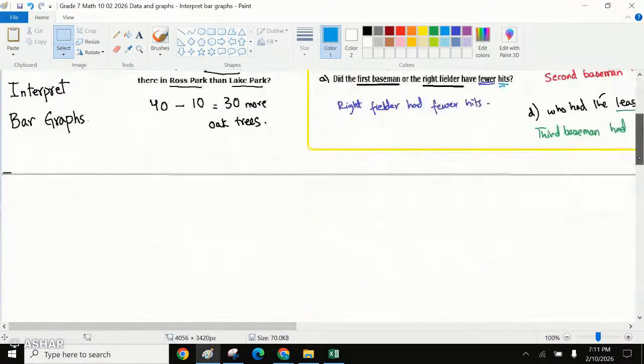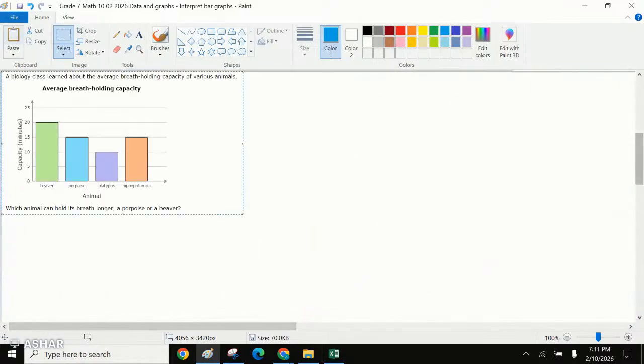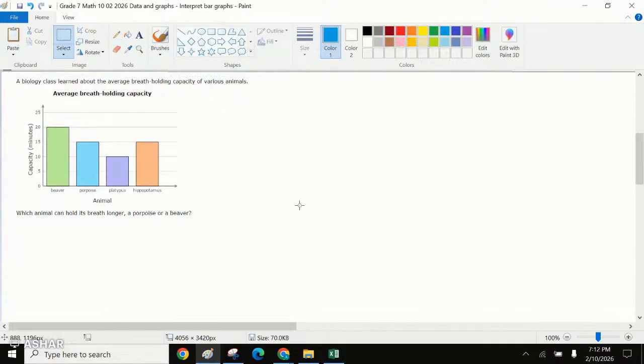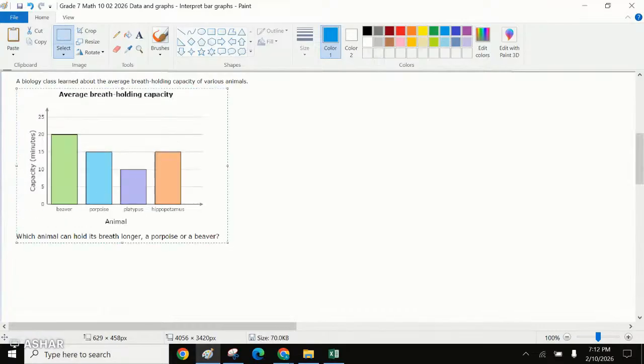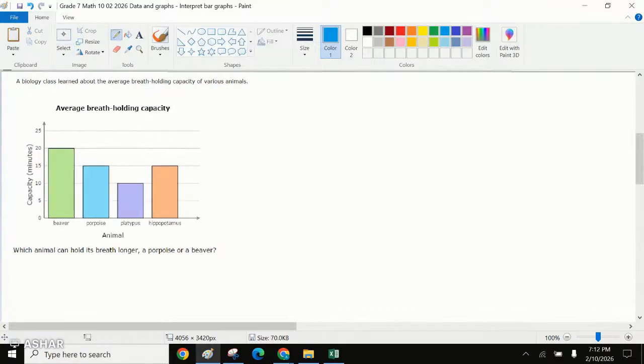Question 5. The question number 5 says they're trying to find how long can an animal hold their breath. So a beaver, on the vertical axis it's the time in minutes, right?